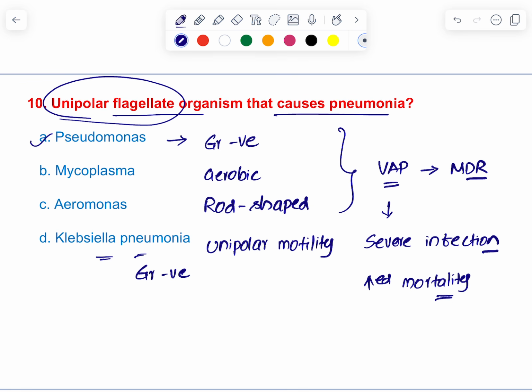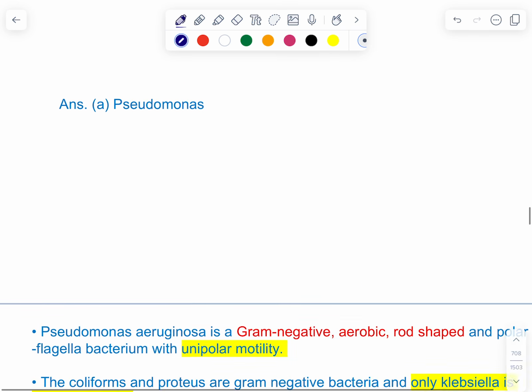So that is about the unipolar flagellate organism causing pneumonia, that is Pseudomonas. All right, next question.